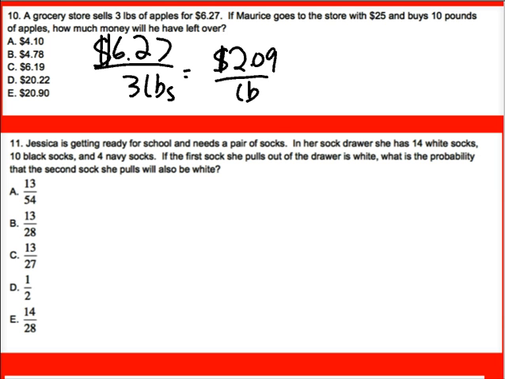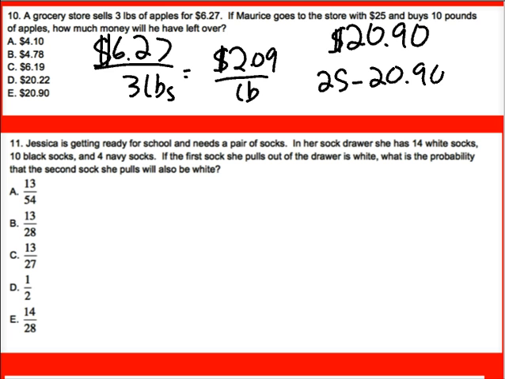So you buy 10 pounds, multiply that by 10, that means you are spending $20.90. Take $25 minus that, and you're going to end up getting $4.10 left over from the money that you brought.